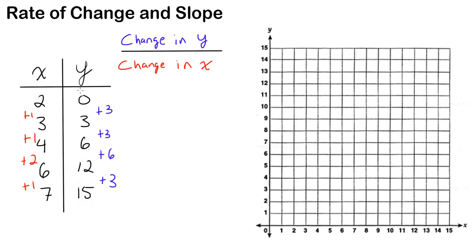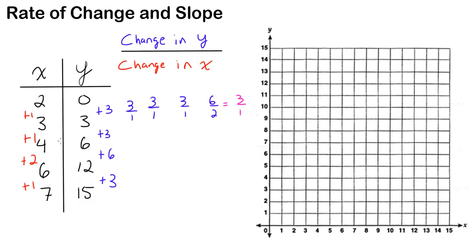If I made fractions out of all of these, y over x, I get 3 over 1, another 3 over 1, 6 over 2, and another 3 over 1. So basically, what do I have? All of these are the same, and even this 6 over 2, if I simplify it, I get 3 over 1.